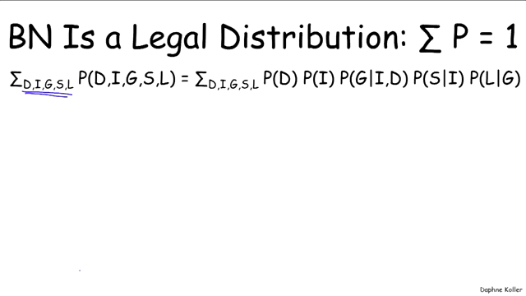Okay, so we're going to break this up using the chain rule for Bayesian networks, because that's how we defined this distribution P. Okay. So here's the magic trick that we use whenever we deal with distributions like that.